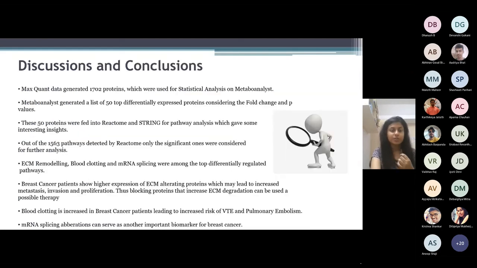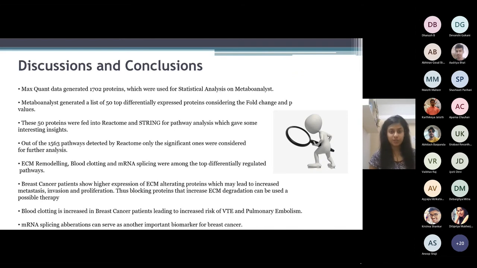So concluding and summarizing the analysis carried out so far, we started with MaxQuant data, which had 1702 proteins as the input for statistical analysis on MetaboAnalyst. MetaboAnalyst gave us a list of 50 differentially expressed proteins considering both fold change and p-values.